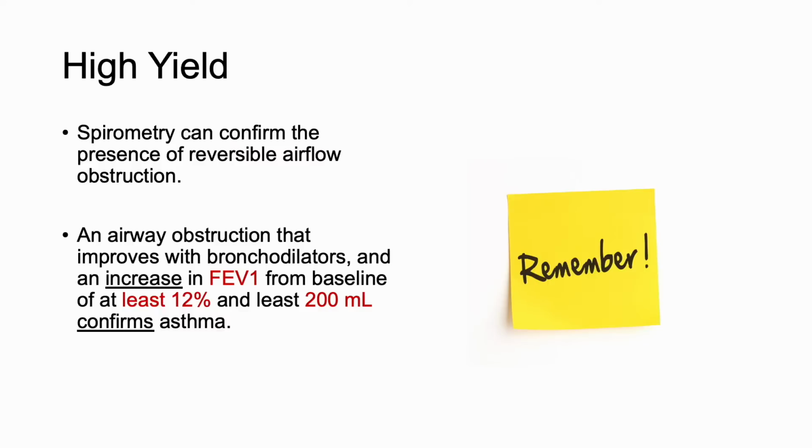Spirometry can confirm the presence of reversible airflow obstruction, an airway obstruction that improves with bronchodilators, and an increase in FEV1 from baseline of at least 12% and at least 200 ml confirms the diagnosis of asthma.